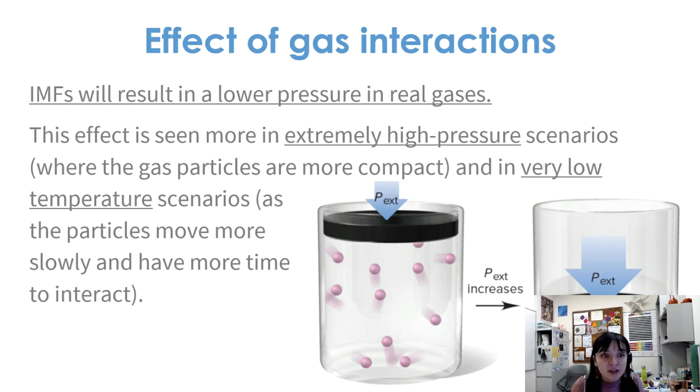Also in very low temperature scenarios, where your gas particles are moving a lot more slowly, they have more time to attract and interact with their neighbors. And so while it's always true that a real gas has a lower pressure than an ideal gas, this effect is really exaggerated when pressure is higher or temperature is lower.